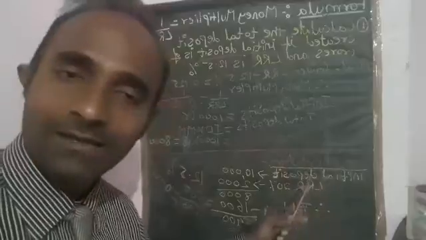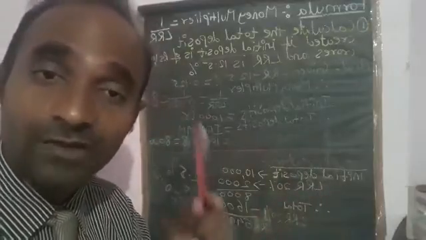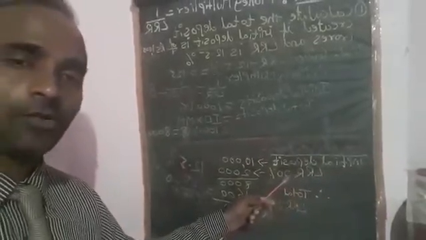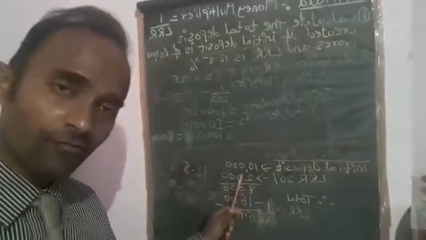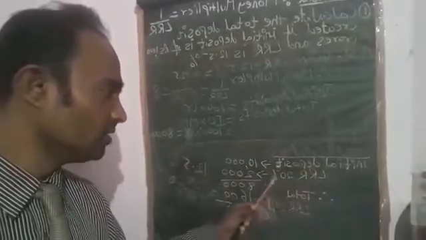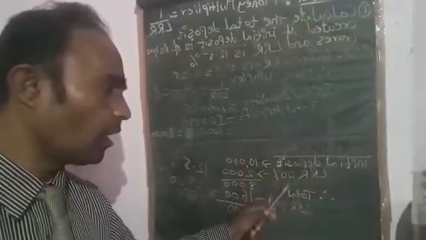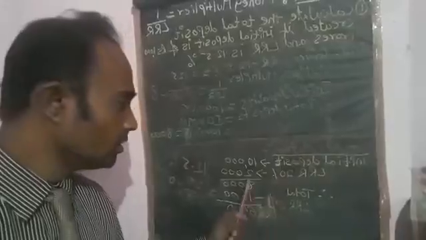Students, once again look at this credit creator, which I just explained with one example. The initial deposit from your side in the bank is 10,000. If the legal reserve ratio is 20%, then on the 10,000, 20% is 2,000.